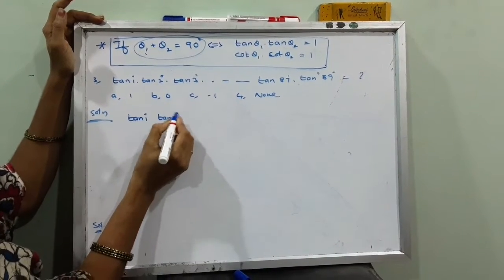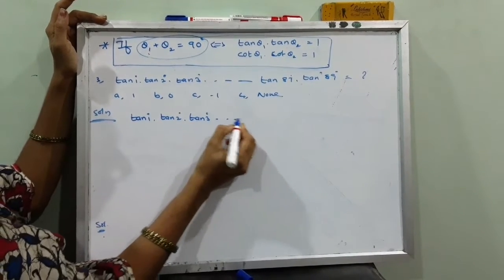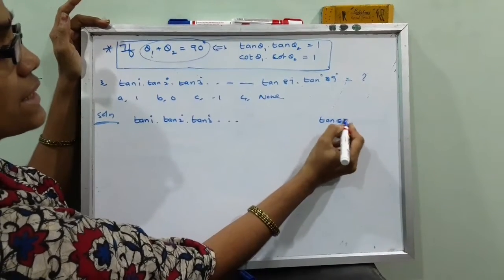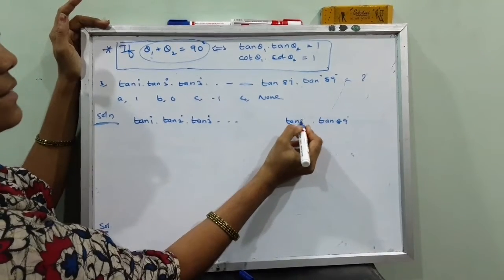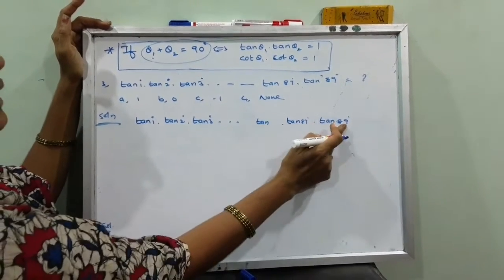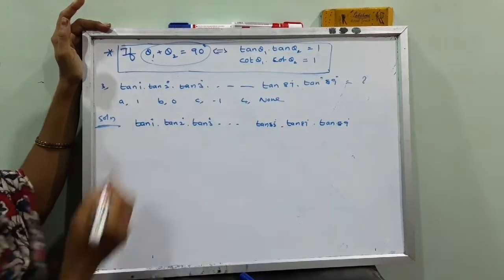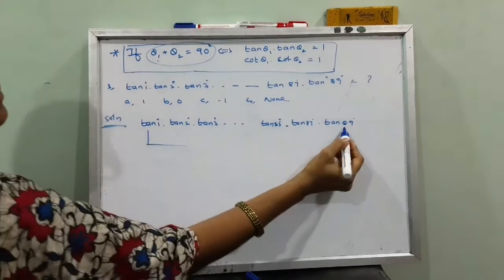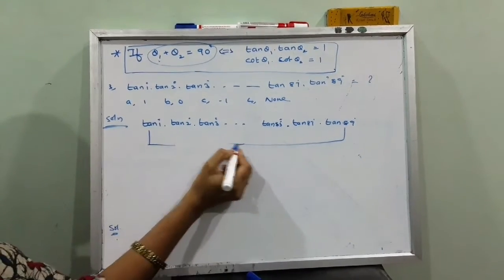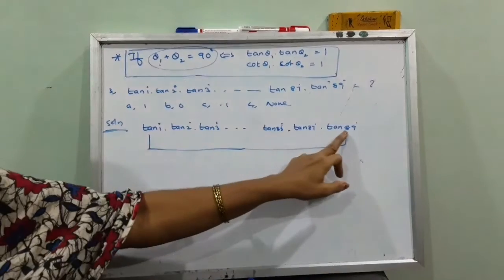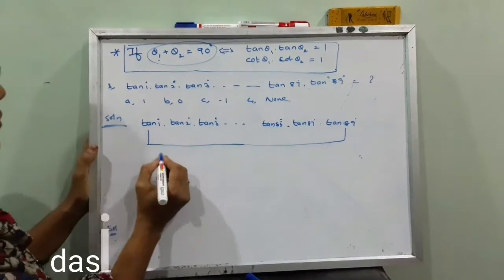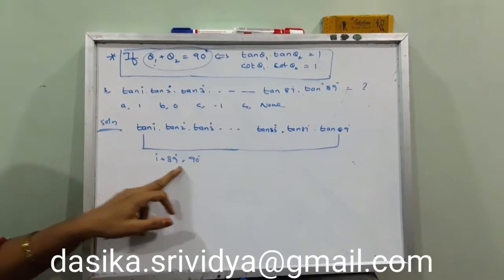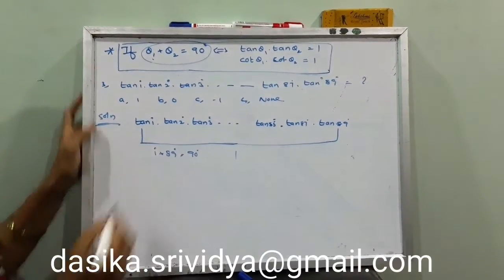Tan 1 degree into tan 2 degree into tan 3 degree, and so on, up to tan 87 degree into tan 89 degree. From the first ratio and the last ratio, tan 1 into tan 89, 1 degree plus 89 degree is equal to 90 degree. That means theta 1 plus theta 2 is 90 degrees. This value will be 1.